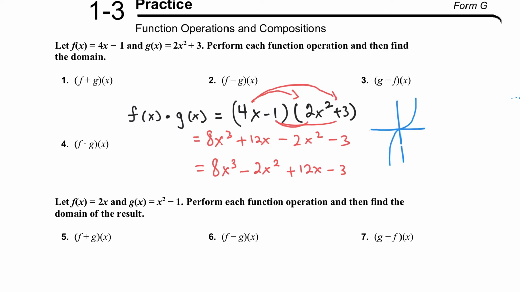If we're looking at the domain, you notice that it's going from negative infinity to positive infinity. So the domain is from negative infinity to positive infinity, or what we say is all real numbers.